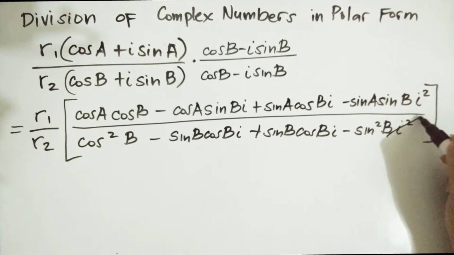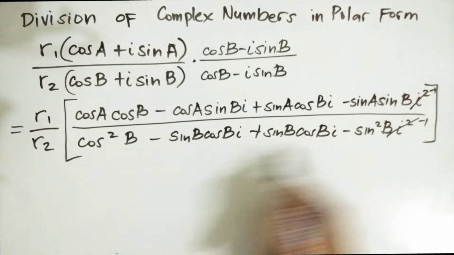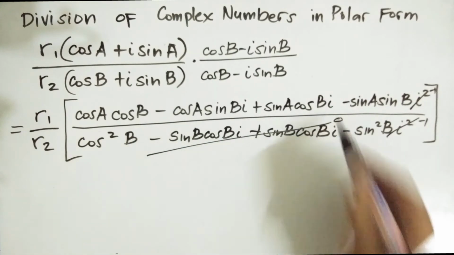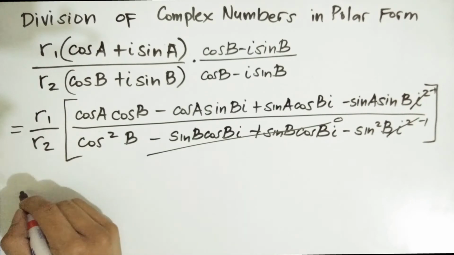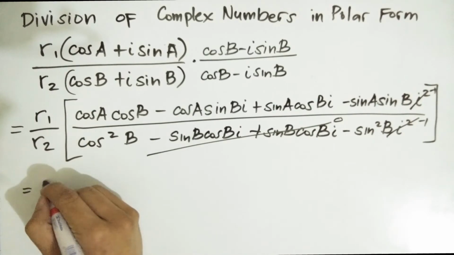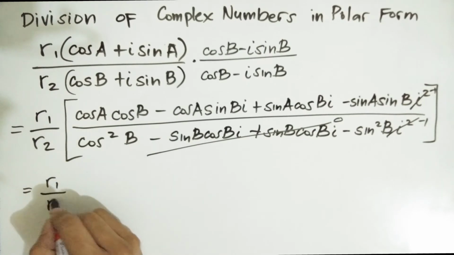Your I squared can be cancelled to -1. Notice this one will cancel to 0, leaving us with the following r over 1, or r sub 1 over r sub 2.